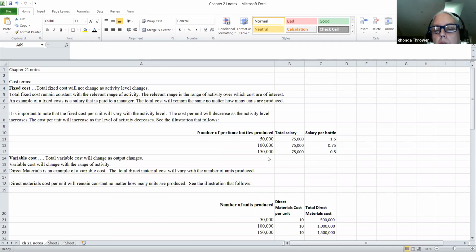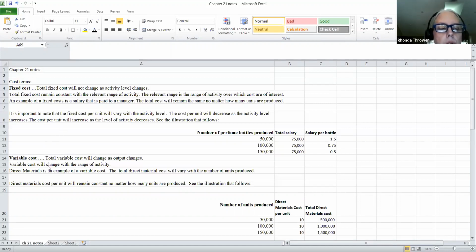And the opposite is true: the fewer units that you produce, the higher the fixed cost per unit is going to be. So it's very important to get these terms down and to understand the behavior of fixed cost, whether it's fixed cost in total or fixed cost per unit.